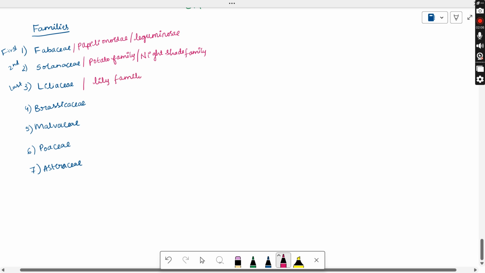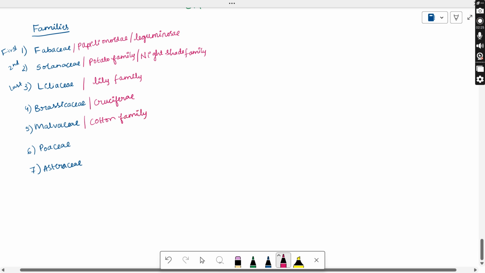Brassicaceae. Brassica is the scientific name of mustard, and it is called the Cruciferae family. Malvaceae: all the hibiscus and cotton come under this, so this is the cotton family.